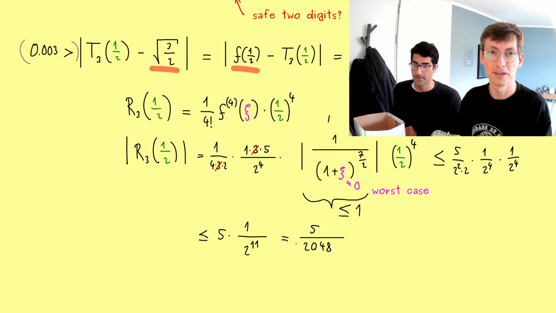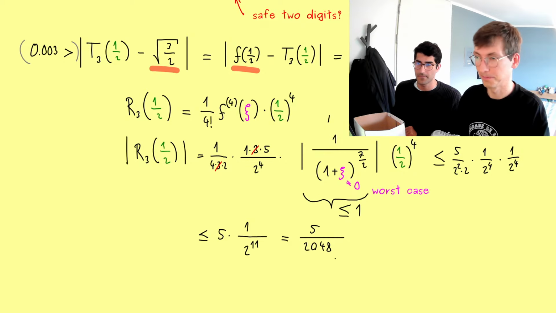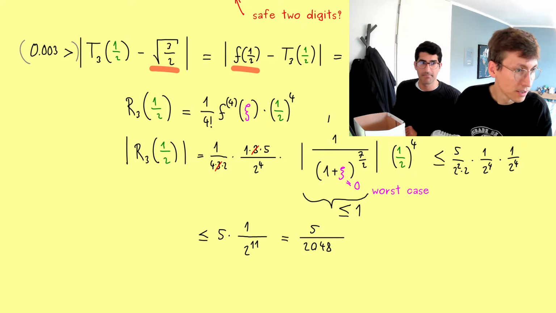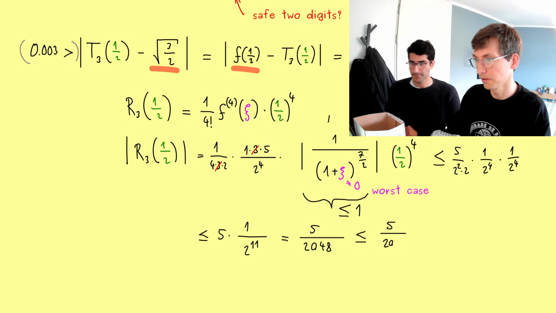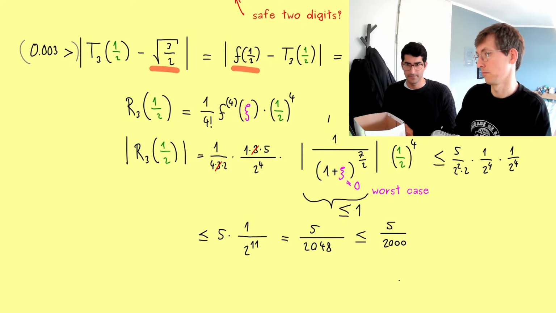Yes, 2 to the power 11, because 2 to the power 10 would be 1024. So I guess that's a correct calculation. I can estimate that by dividing by less, which is 2000. So it's definitely bigger.